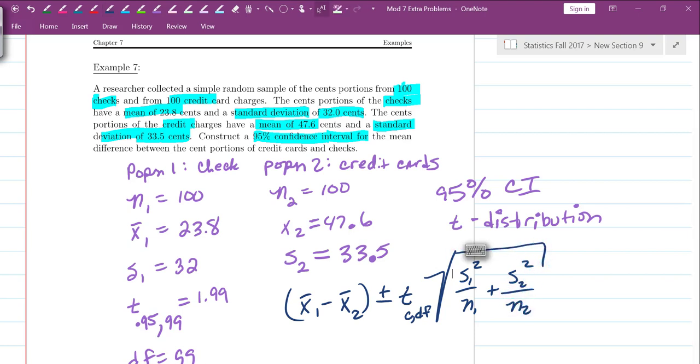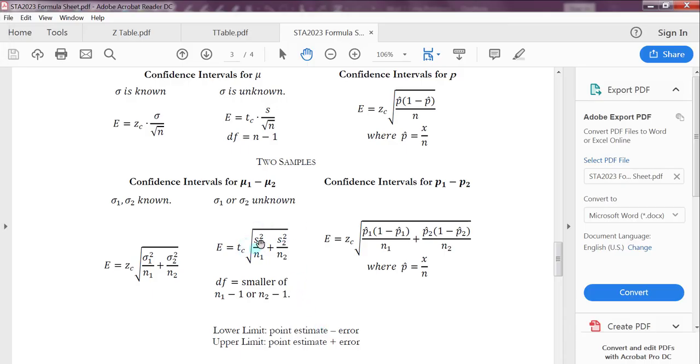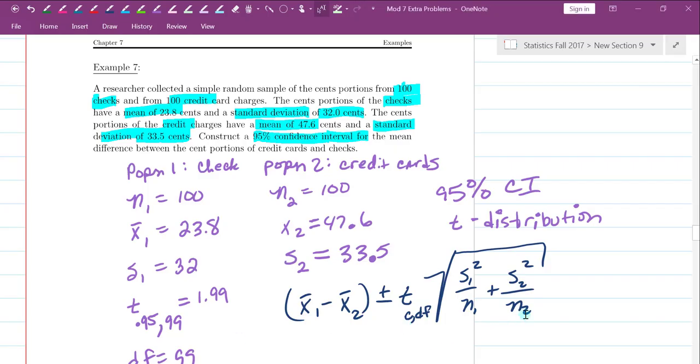Multiplied by the square root of s1 squared divided by n1 plus s2 squared divided by n2. Let me double check my formula just real quick to make sure I copied that down right. I'm sure I did. And we're simply going to fill in all the numbers.